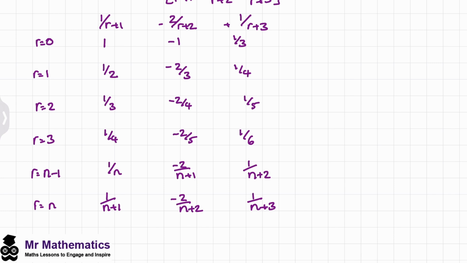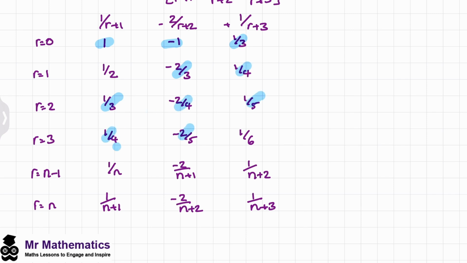So now we need to identify which terms will cancel. Well, you can see this one will go with this -1. Then we've got the 1/3 plus the 1/3 minus 2/3. So these will cancel. We've got 1/4 plus another quarter take away 2/4, these will cancel. And then the same here.